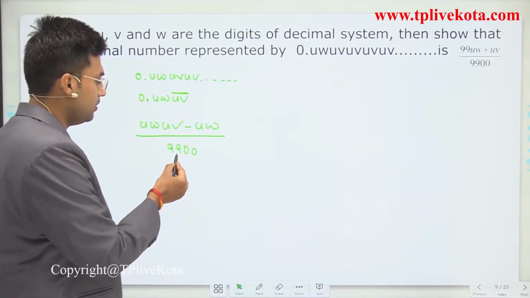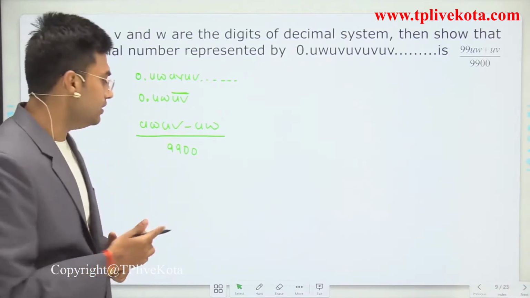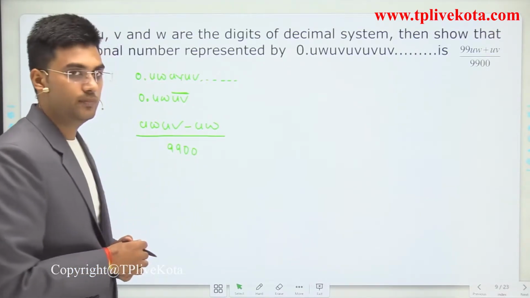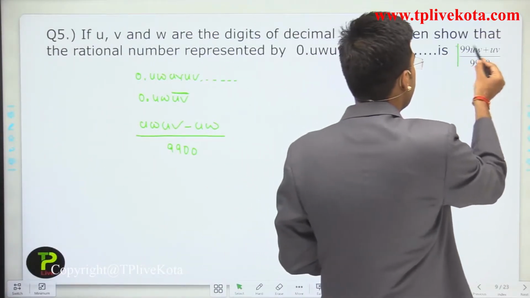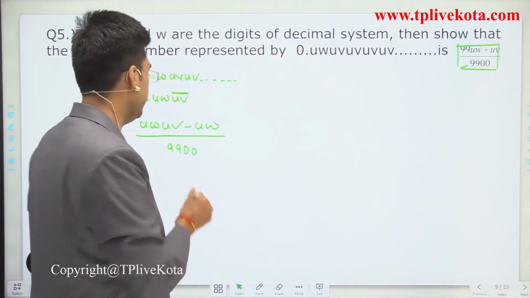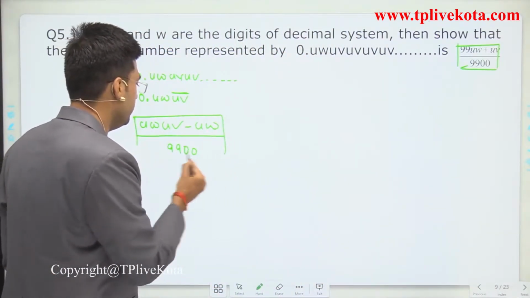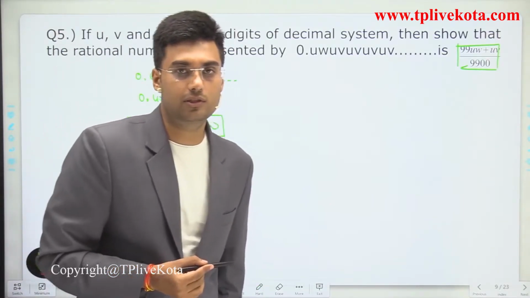So the number of 9s is 2, and two digits are non-recurring after the decimal, so the number of 0s is 2. But here we have to prove it in the form of (99uw plus uv) divided by 9900, and here we will get (uwuv minus uw) divided by 9900.